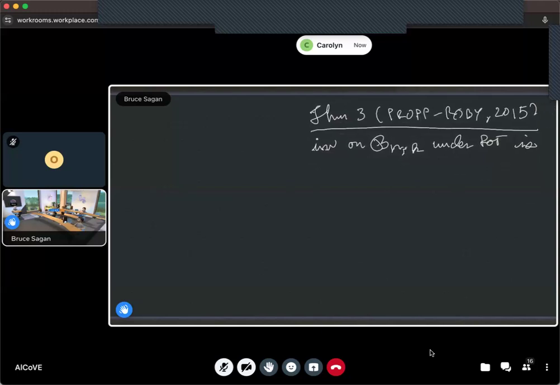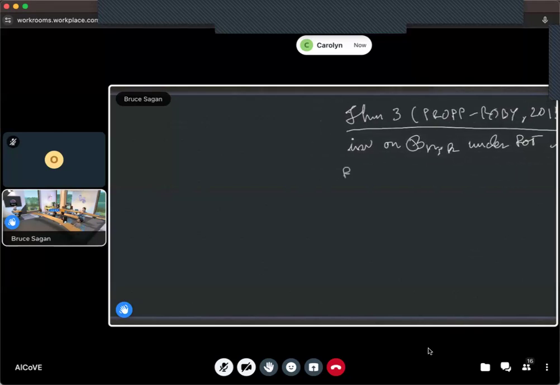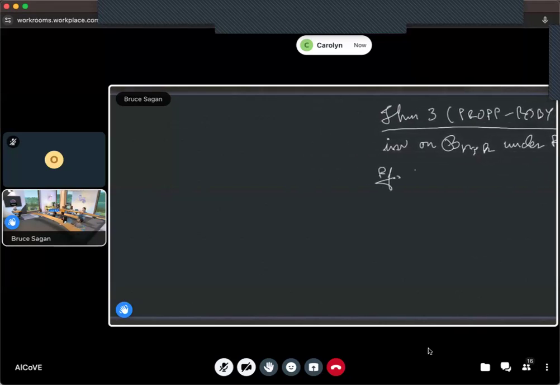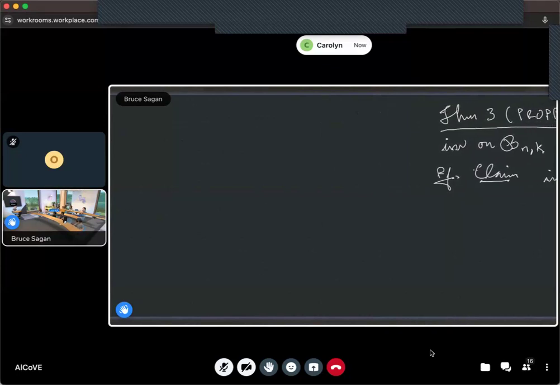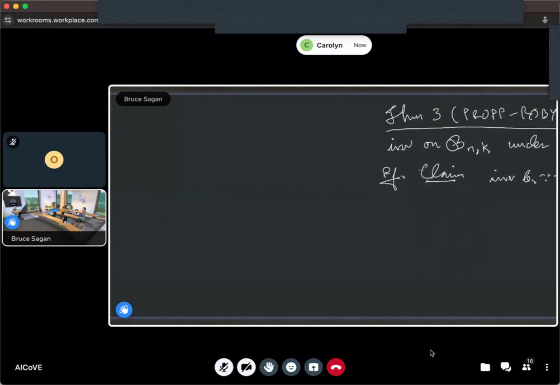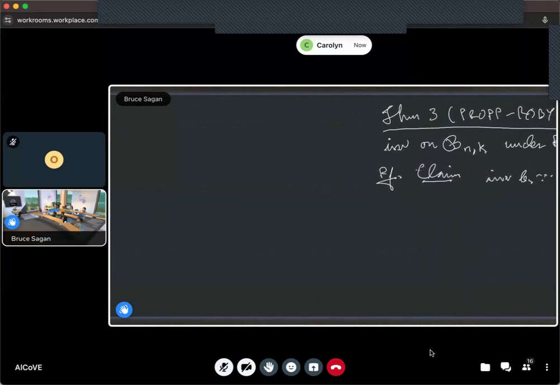How are we going to prove that? Well, first claim: if I have a bit string, there's another way to calculate the inversion number, and it's by the following sum.